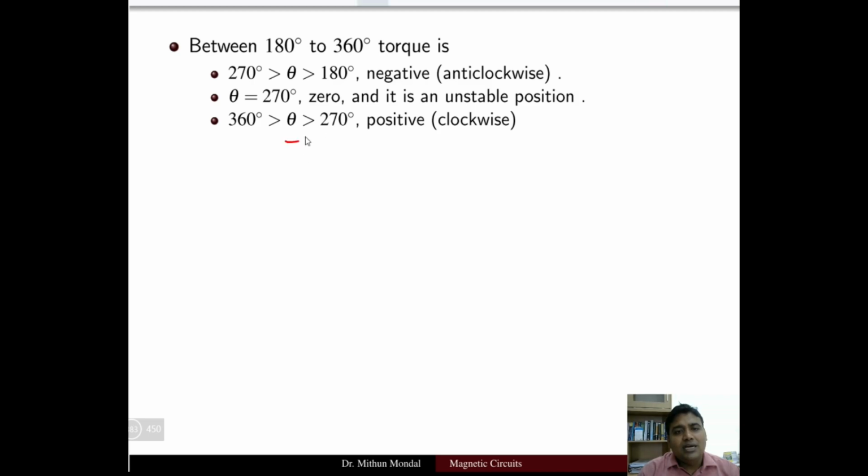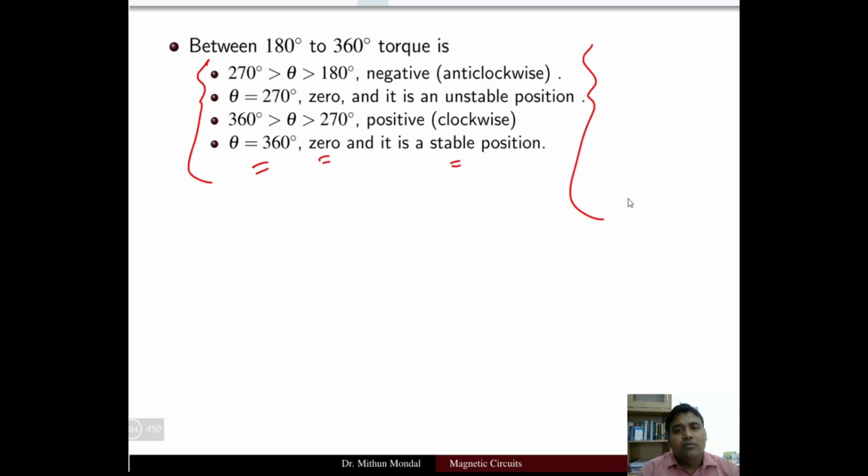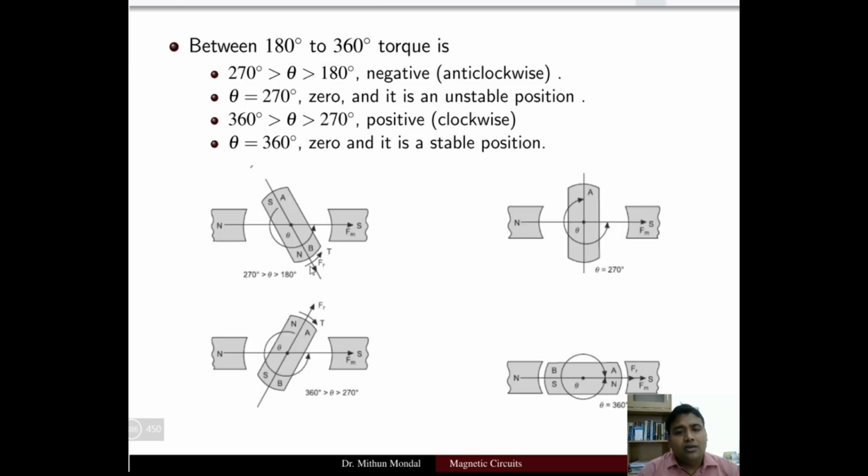At theta greater than 270 but less than 360 there will be a positive movement and hence a clockwise torque, and at theta 360 degrees the torque will be 0 and this is a stable position. So the same phenomena which occurred from 0 to 180 degrees has now occurred from 180 to 360 degrees, and thus there will be rotation of the soft iron piece in the permanent magnet.